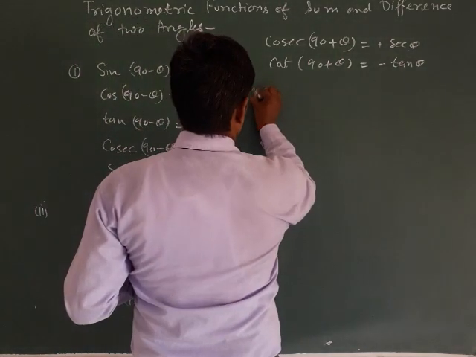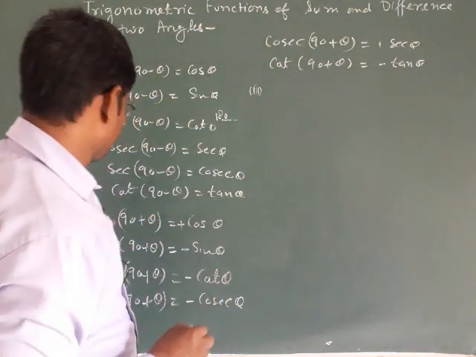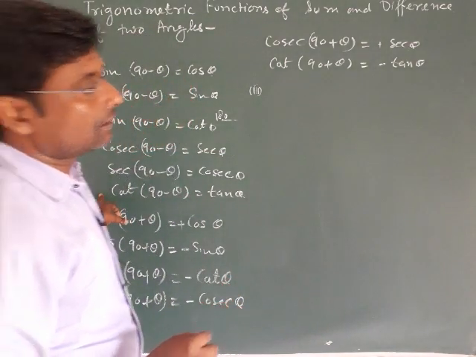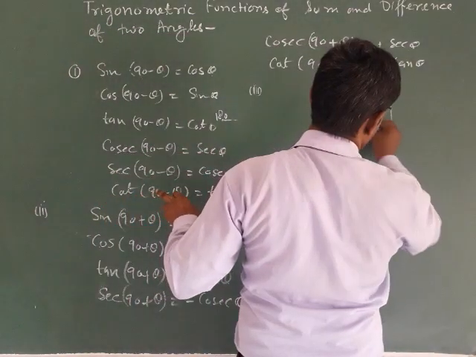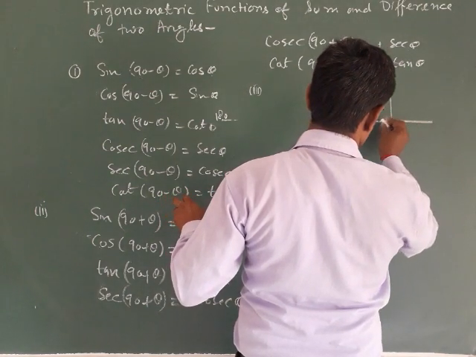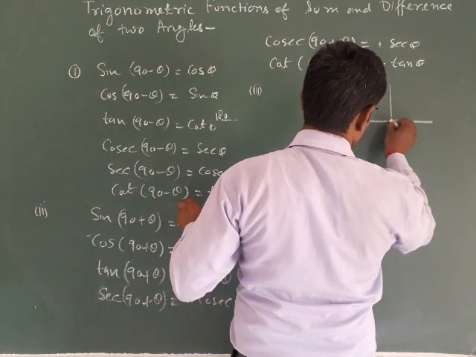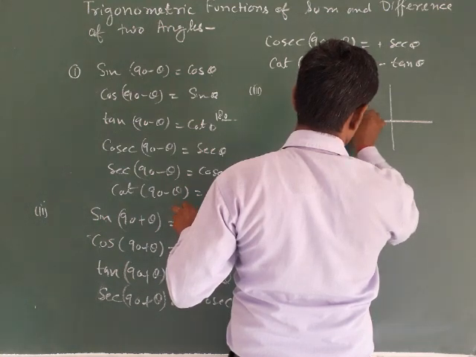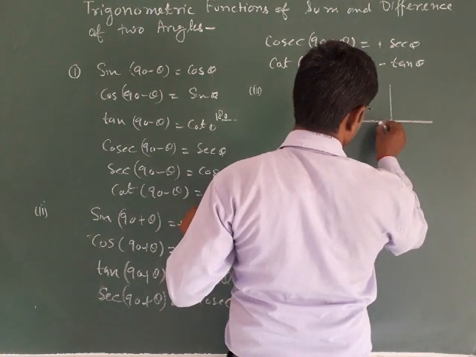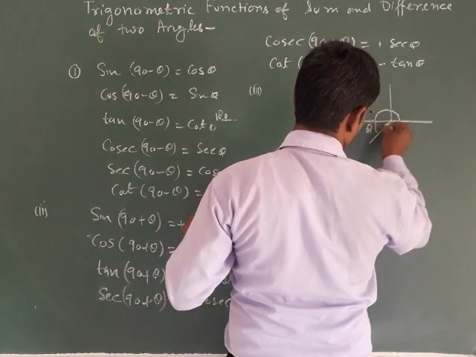And now the trigonometric ratios in the third quadrant. This is the third quadrant, this is 90, this is 180, and 180 plus theta degree.